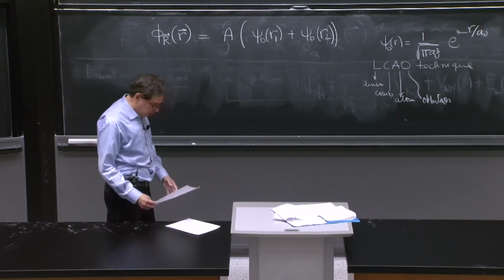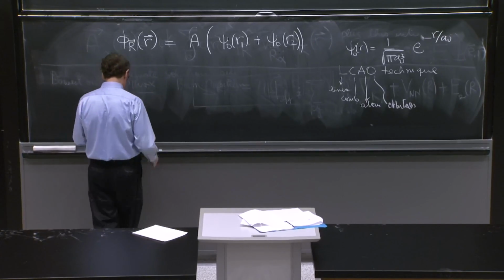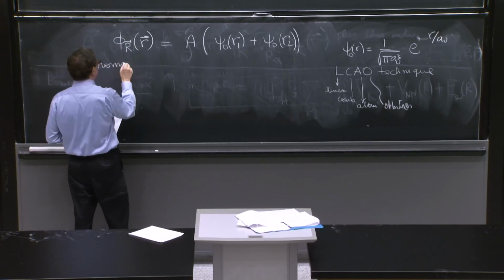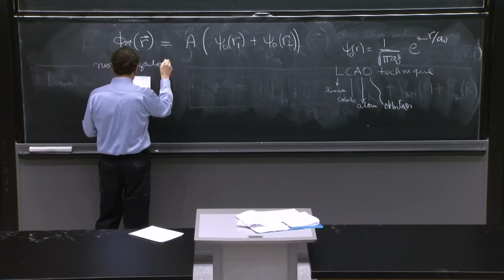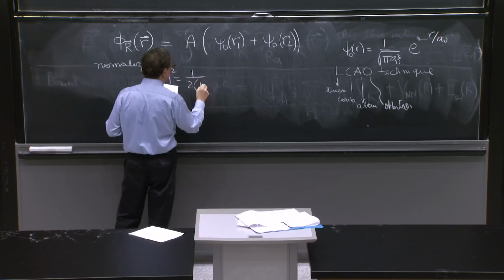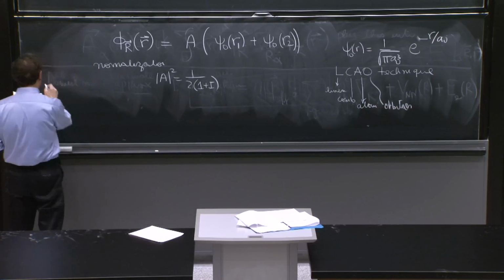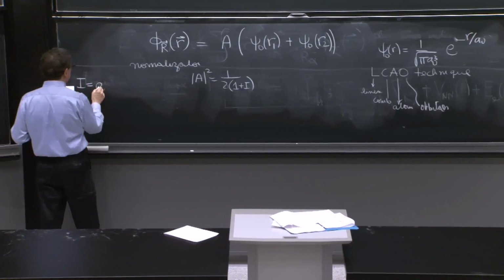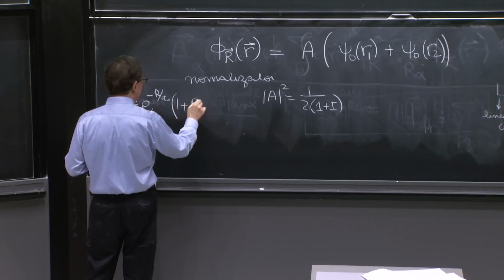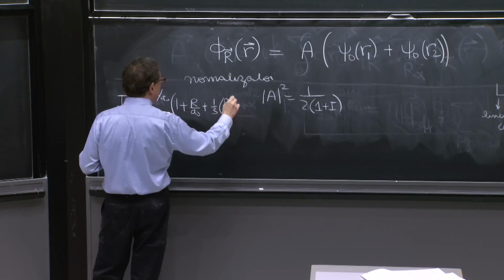So here you go. You have to normalize this wave function. Even that takes some effort. It turns out that the value of A for normalization is 1 over the square root of 2 times (1 plus I), and that constant I is e to the minus R over a naught times (1 plus R over a naught plus 1/3 of (R over a naught) squared).